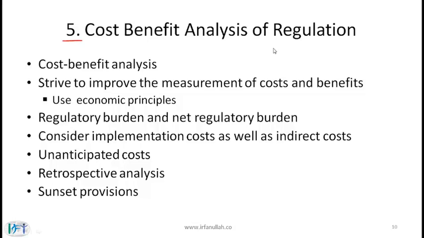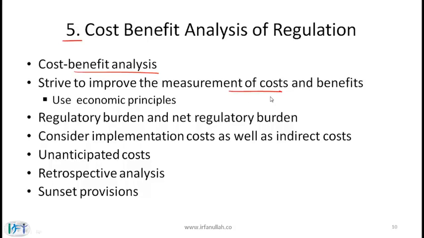Next, cost-benefit analysis of regulation. The idea is fairly straightforward, that obviously regulation comes with some cost, but the benefit should outweigh the cost. Now, what this segment of the reading encourages regulators to do is to constantly improve the measurement of costs and the measurement of benefits, because clearly this is not an easy thing to do.